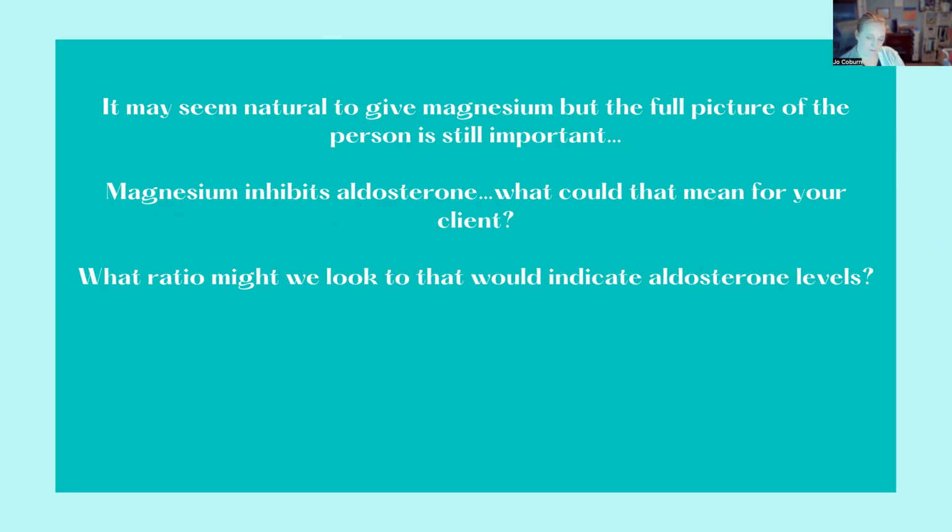Well, aldosterone is the male sex hormone, isn't it? No, that's testosterone. Aldosterone is what controls sodium and potassium at the kidney level. So you want to look at the sodium potassium ratio. You want to see stress, right?